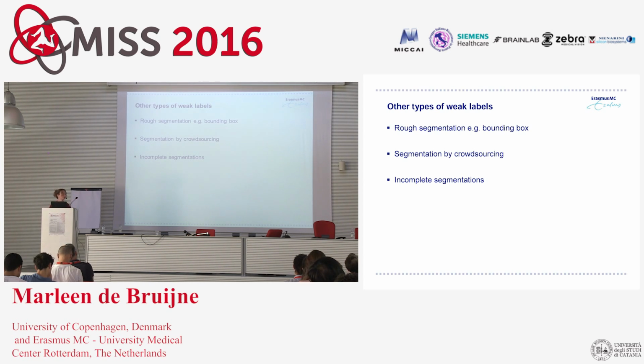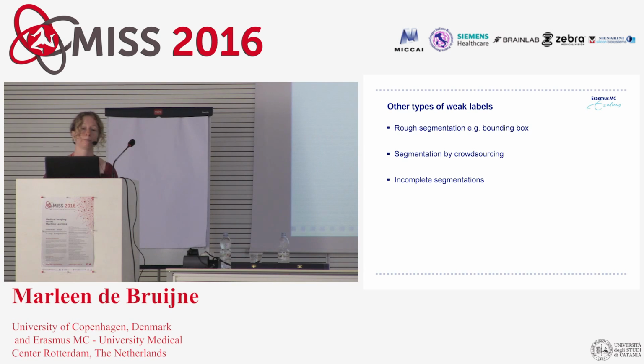But there, a similar multiple instance learning approach could be helpful. You could think of performing segmentation by crowdsourcing, which means that you will get some results that are quite good. Some segmentation tasks can easily be done by non-experts. It's just a lot of work, but if you can see the boundaries in the image, also non-experts can do it.